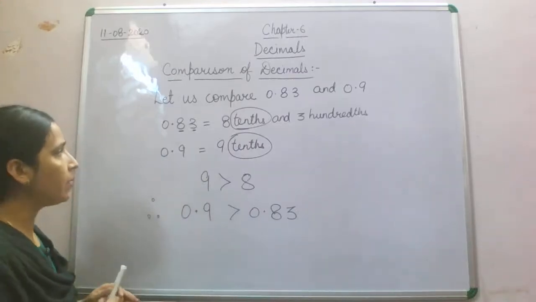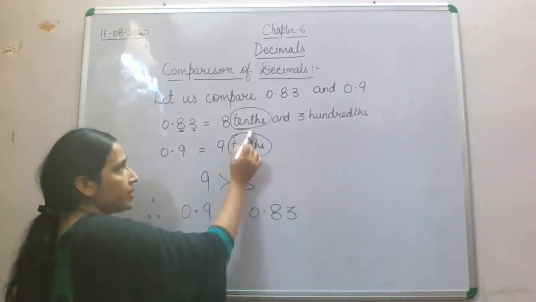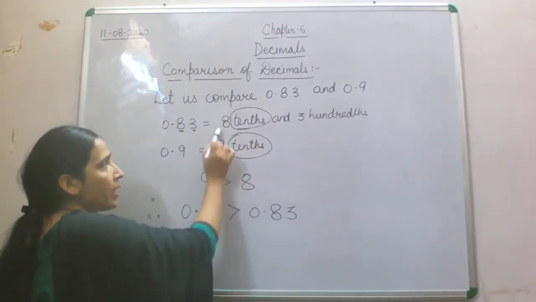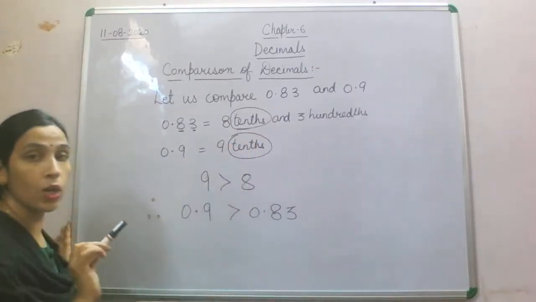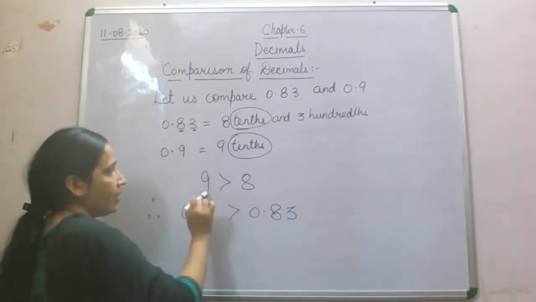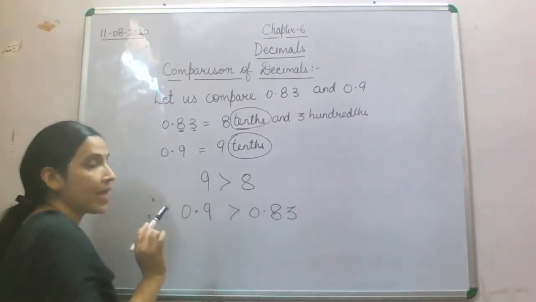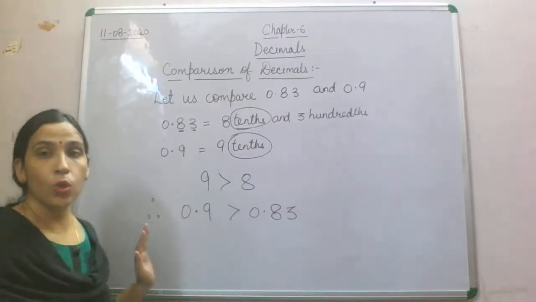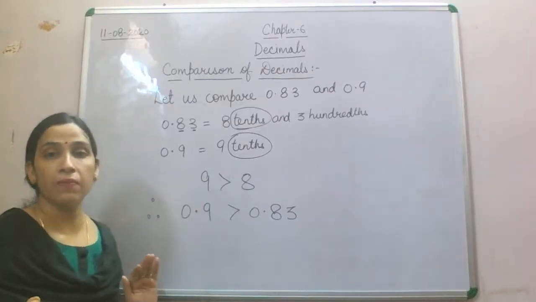So the common place value is tenths. Then we have to compare the numbers along with that common place value, that is 9 and 8. Now we all are aware that 9 is greater than 8.